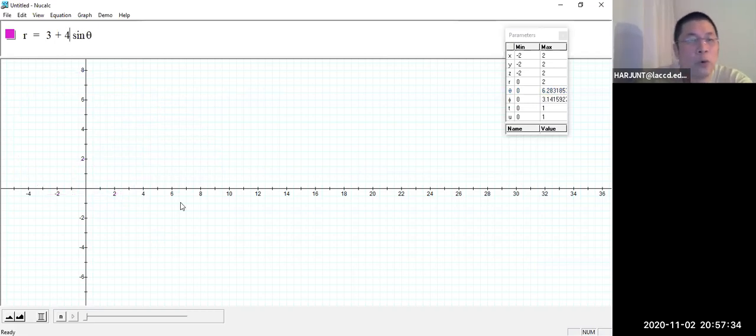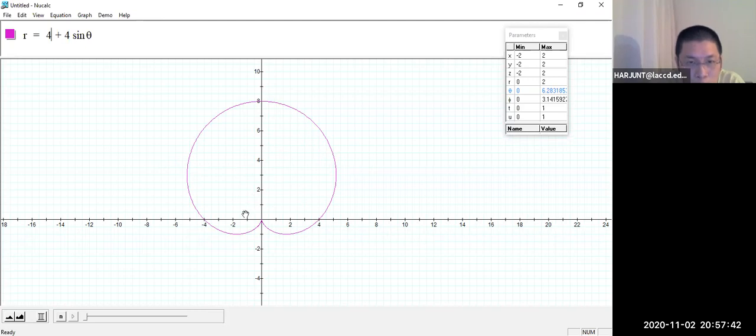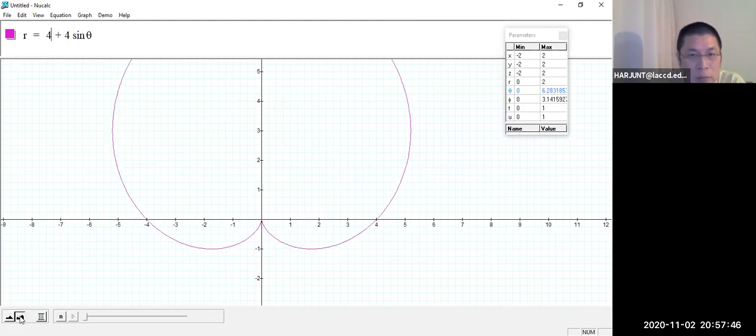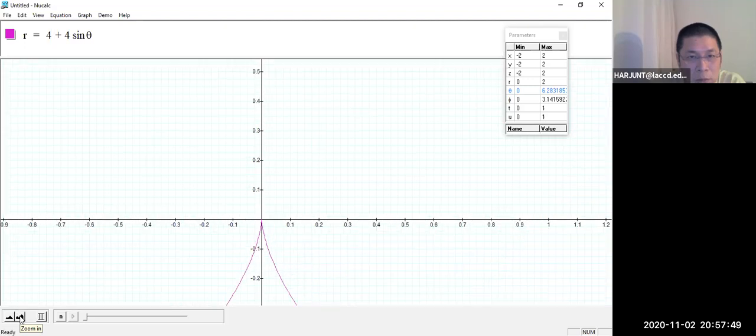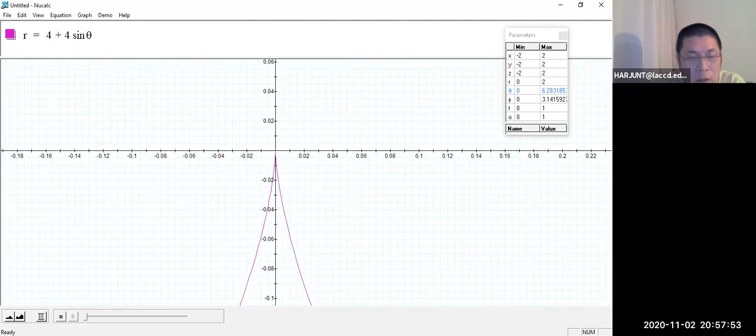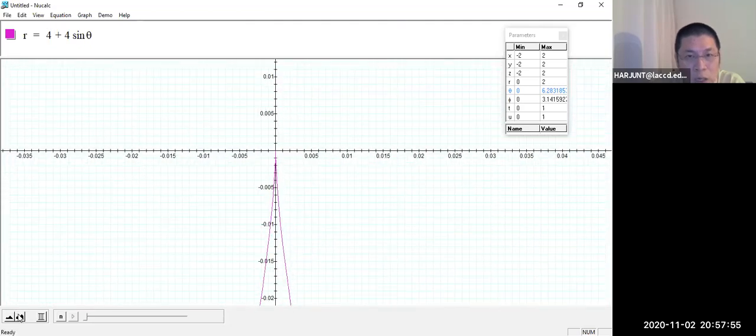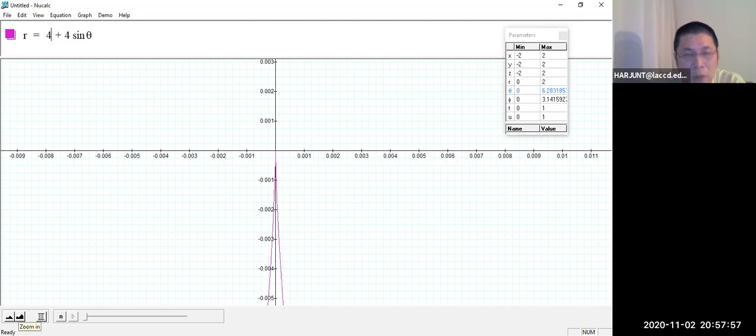Now let's take a look at this. Change this to 4. I will super zoom this. I want to see what happened there. You see that if you super zoom that, it actually becomes really sharp, right?